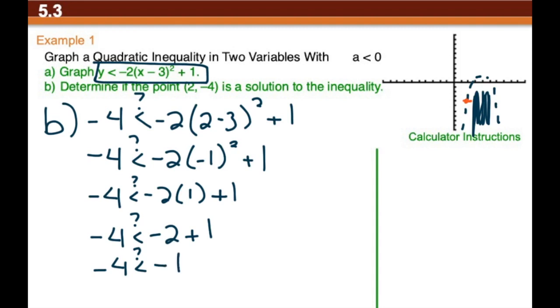And -2 plus 1 is -1. So now we look at this, we see that -4 is less than -1, which is a true statement. So because we have a true statement at the end here, then we know yes, the point 2, -4 is a solution.